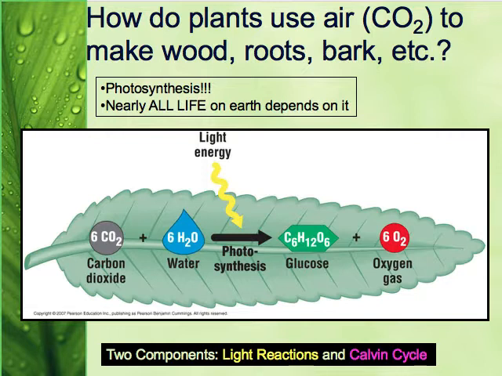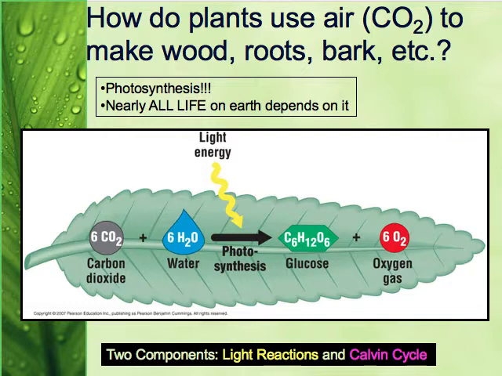The inputs to photosynthesis include carbon dioxide gas that comes in through the stomata and water that comes in through the roots. Sunlight, as we mentioned previously, is the energy source. The outputs of photosynthesis include sugars and oxygen, and without these sugars and oxygen being produced, nearly all life on Earth would not exist.